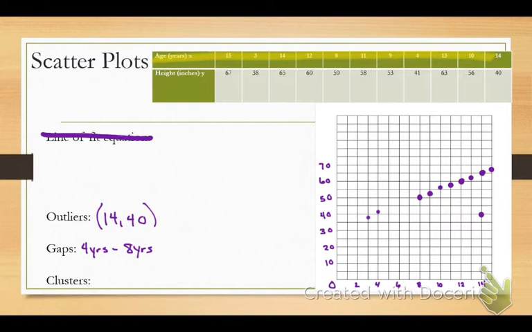I don't really think there is a cluster. That's my opinion. No clusters. If it was a cluster, we would see it more like boom, boom, boom. Obviously, that's not what they gave us there. All right, I'd say no clusters.